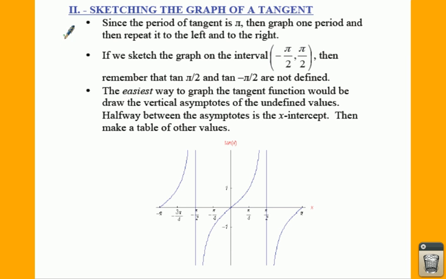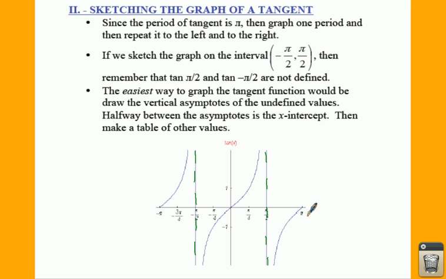So let's look how we sketch a graph of a tangent. First, let's look at what it looks like. It looks just kind of like a little sloping action going on here. It almost looks like your x to the third graph, but you have an asymptote at negative pi over 2, and another asymptote at pi over 2. So the distance between negative pi over 2 and pi over 2 is pi, which would mean that one period of tangent would be from negative pi over 2 to pi over 2 and would follow this little curve.